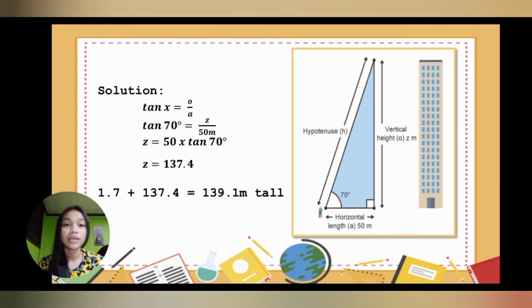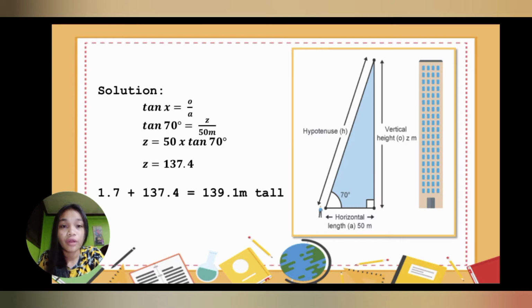Tan 70 degrees equals Z, because that is our O, divided by the 50 meters, which is our A, our horizontal length. Next, we need to get Z, because Z is the one whose value we need. So Z equals 50 times tan 70.